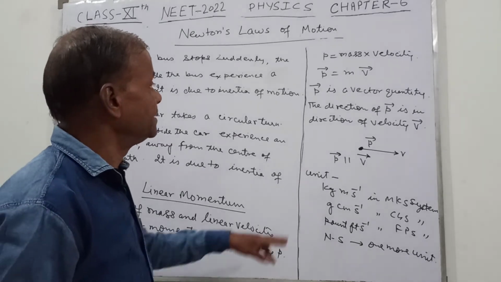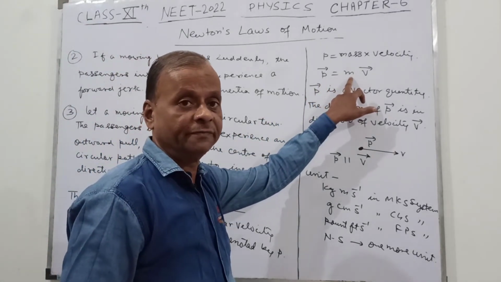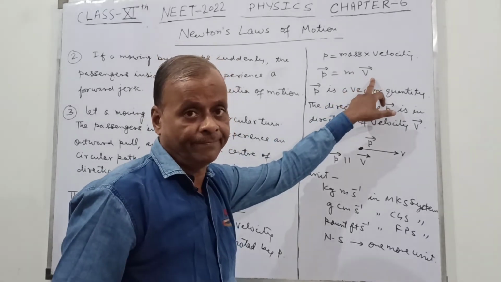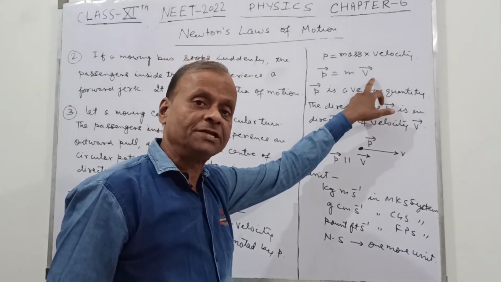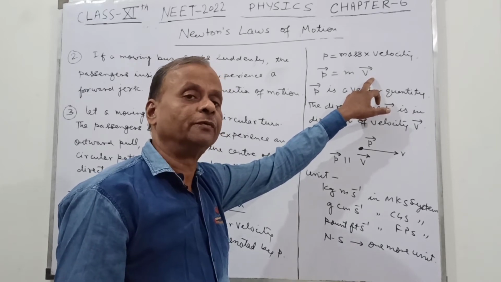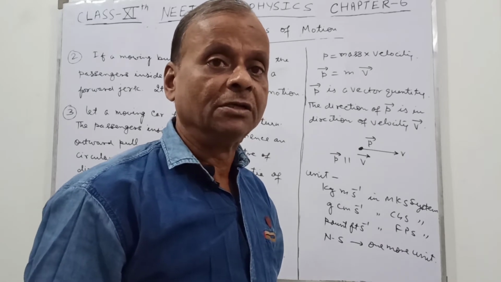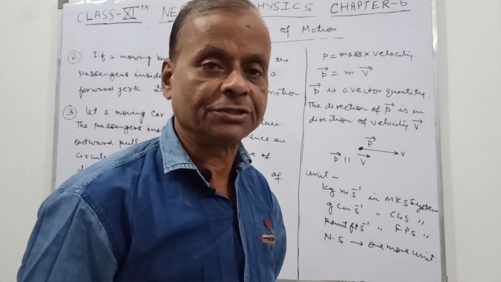Now you can see that the change in P may be due to the change in mass and the change in velocity. So if either of them is changed or both of them are changed, then there will be a change in the momentum. So momentum is affected by both quantities, the mass and the velocity.